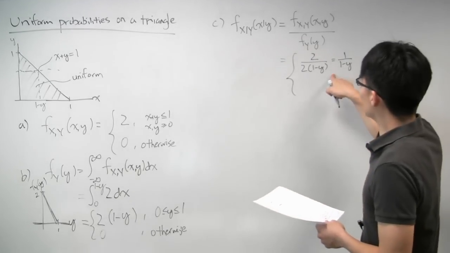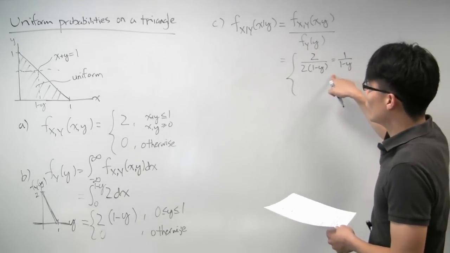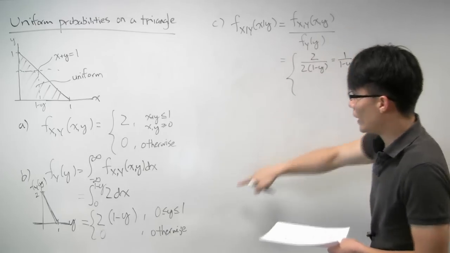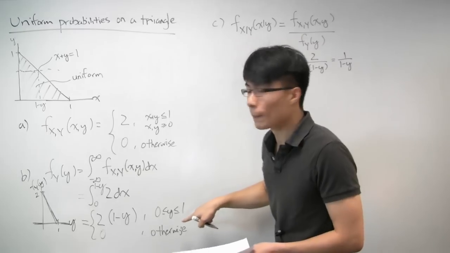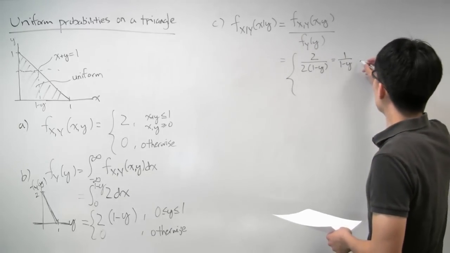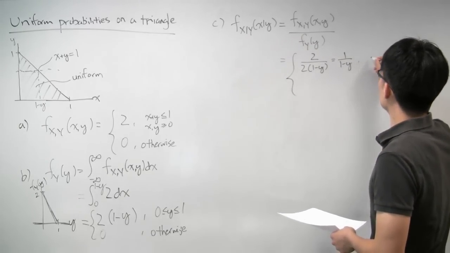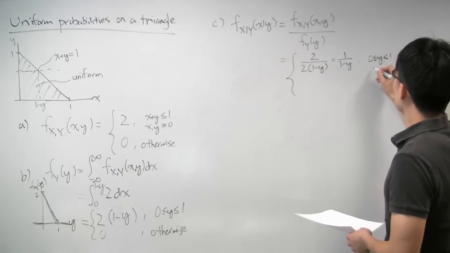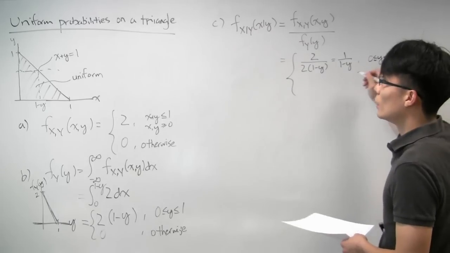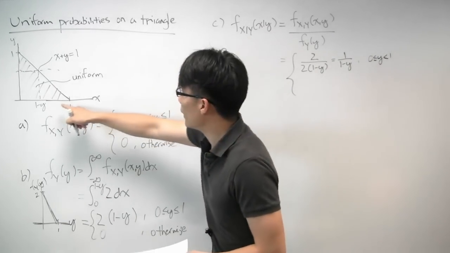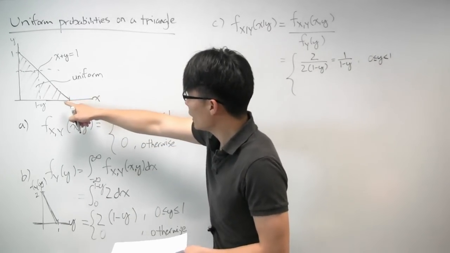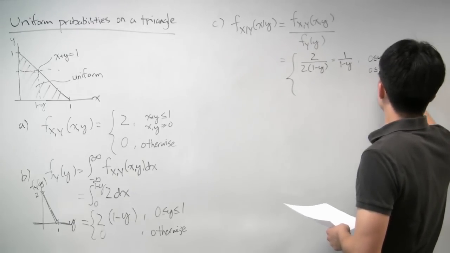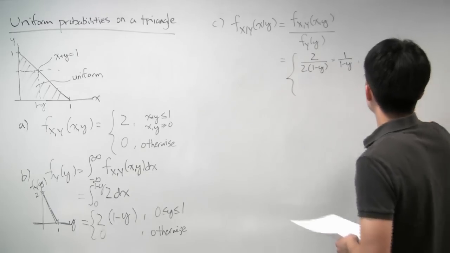And when is this true? Well, it's true when x and y are in the triangle and y is between 0 and 1. Put another way, that means this is valid when y is between 0 and 1 and x is between 0 and 1 minus y.